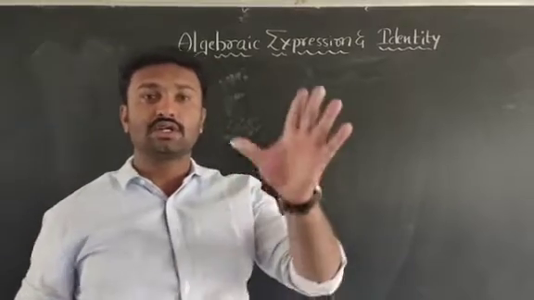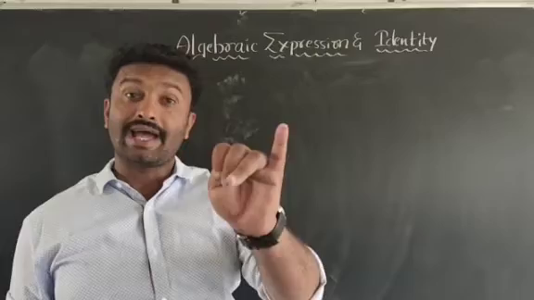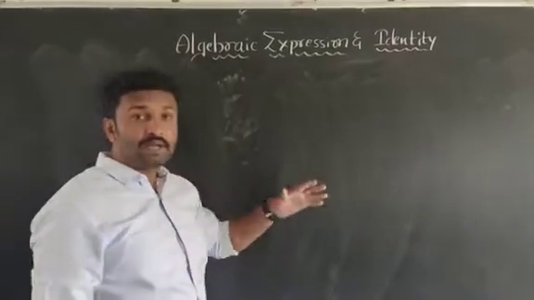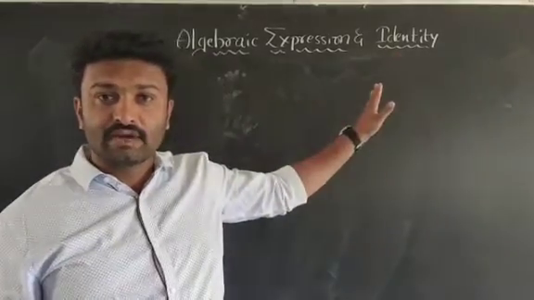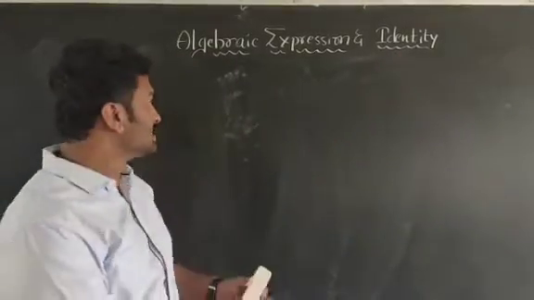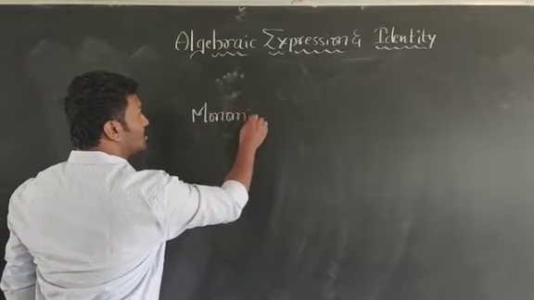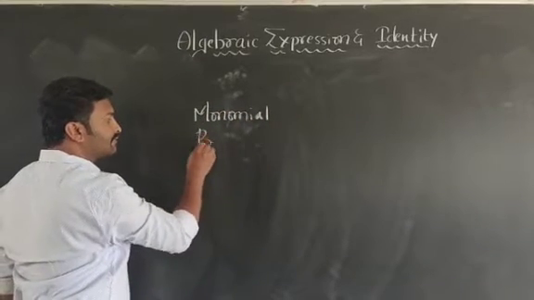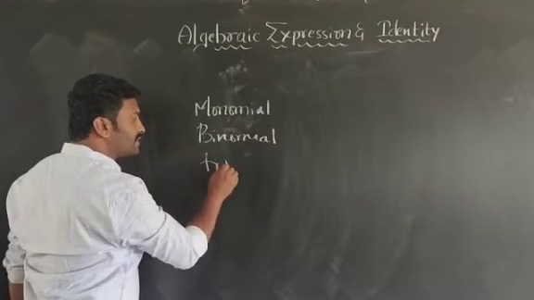We discussed about terms, coefficients, like terms and unlike terms. Depending on the number of terms present in the expression, expressions are divided as monomial, binomial, trinomial.